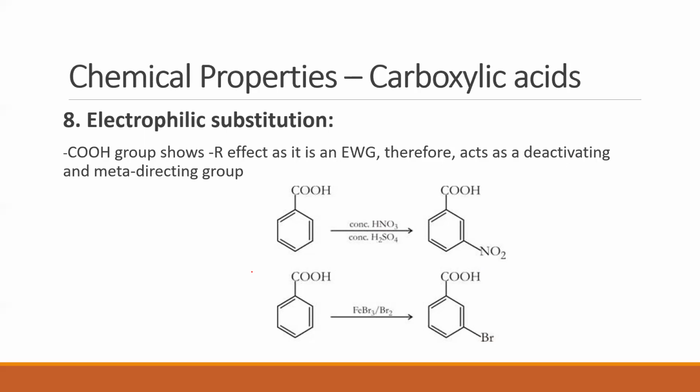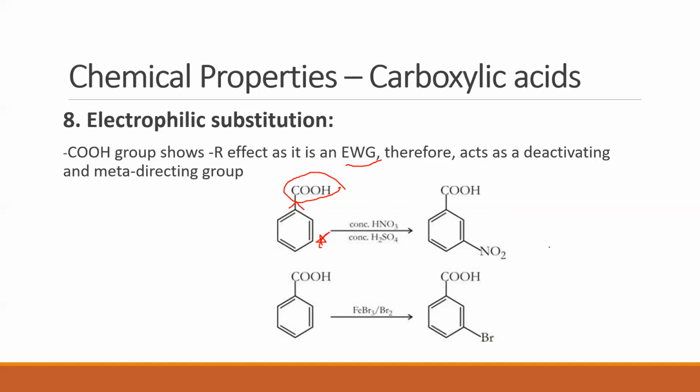Now, COOH, similar to an aldehyde or a ketone, is an electron withdrawing group. So COOH is an electron withdrawing group, which means the electron density will be high at the meta position. So the products obtained will be meta.